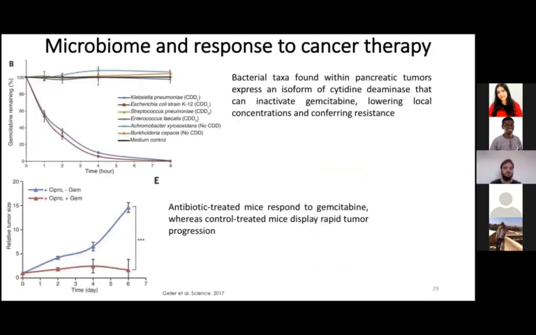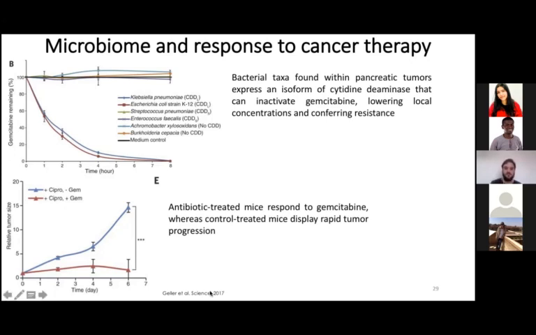So as I mentioned at the start of the talk, there are different ways that the gut microbiome can be associated with cancer. And this is another one of the ways, which is that it can modulate the response to cancer therapy.